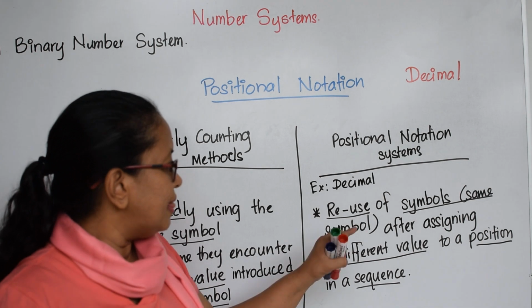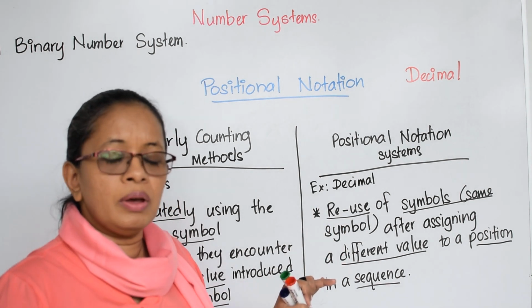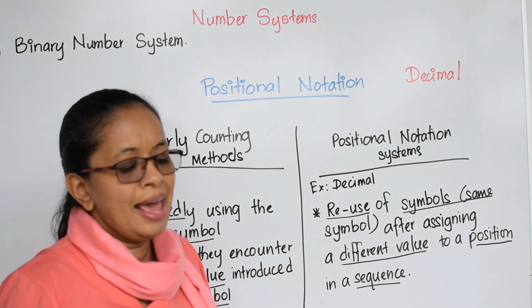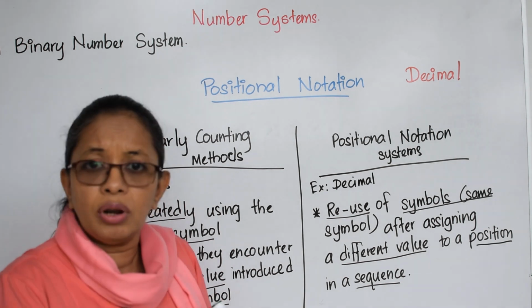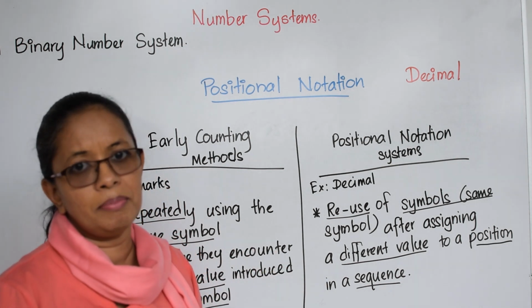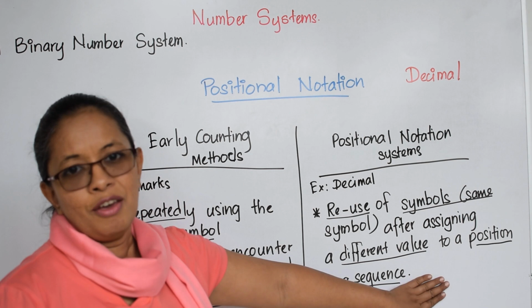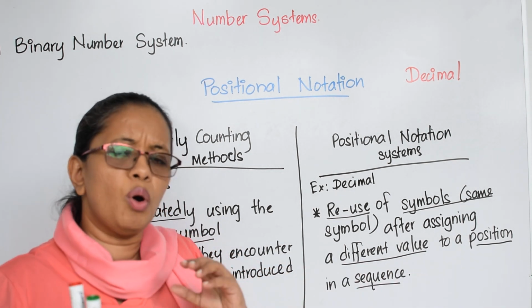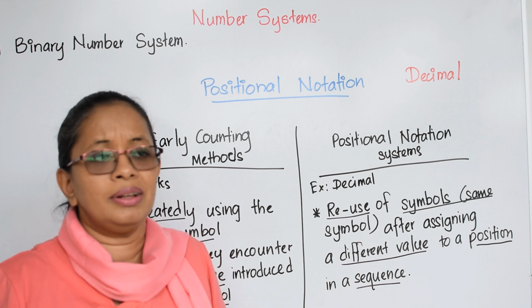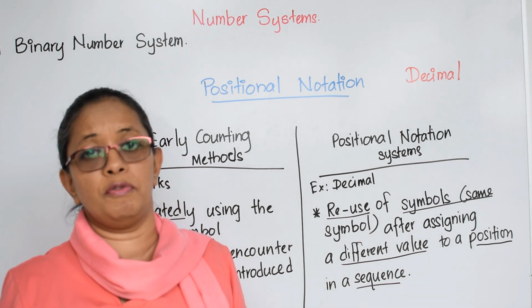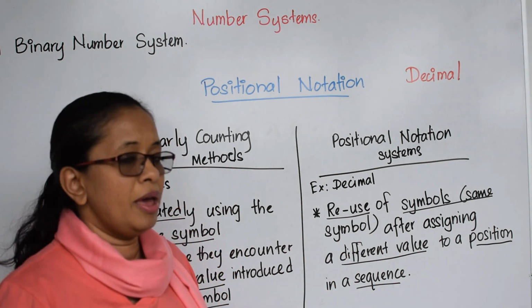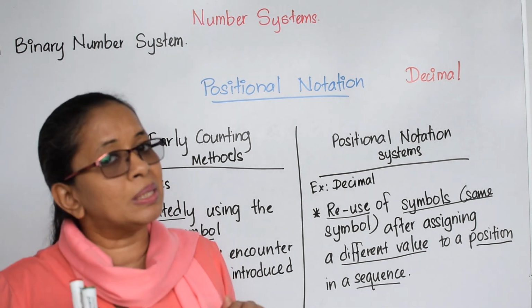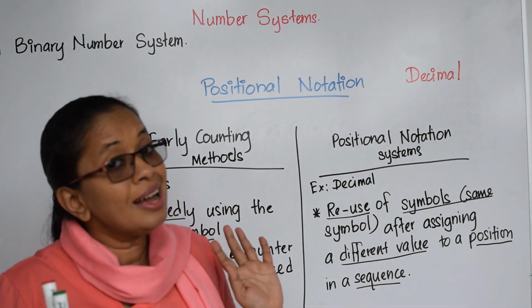Because of that, whenever they were using the same symbol over and over again, they didn't have to go beyond a certain number of symbols. So with this method we will never run out of symbols, and we will have to remember only a limited number of symbols, sometimes 2, maybe 4, maybe 8, or maybe 10 different symbols, which is not going to be cumbersome.